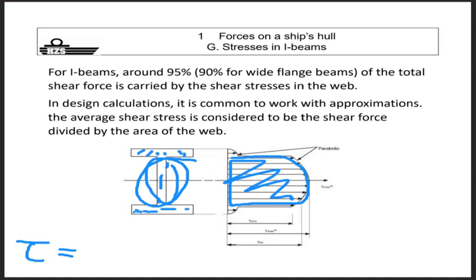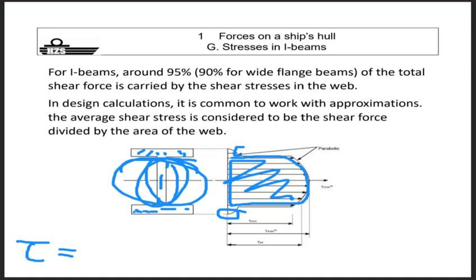Oh, that's too much of an approximation, because you know that in the upper and the lower flanges there are nearly no shear stresses present. They're mostly concentrated here in the middle of your profile when we talk about an I profile beam. When we talk about a vessel, it means your side shells and all longitudinal elements going straight up and forth your vessel.